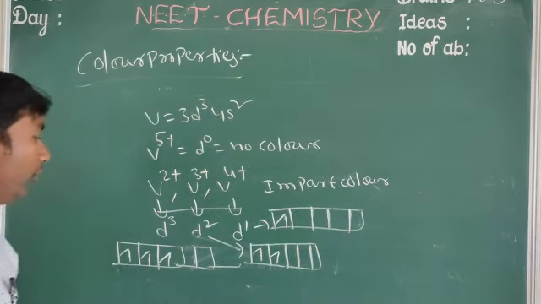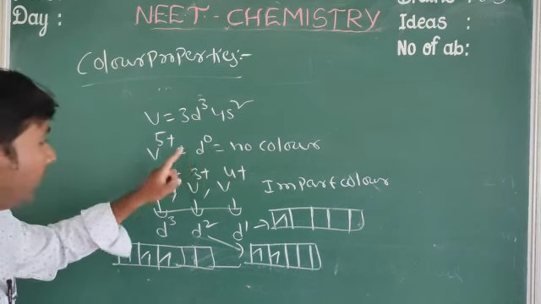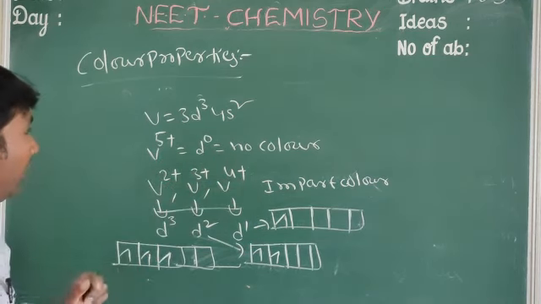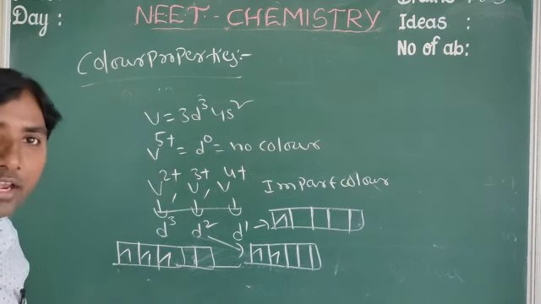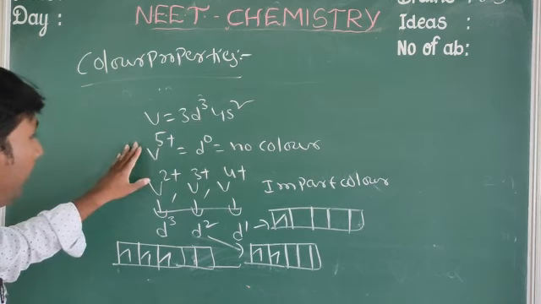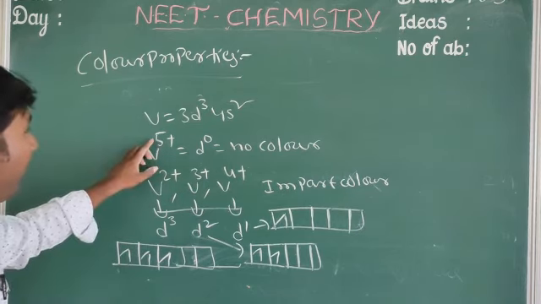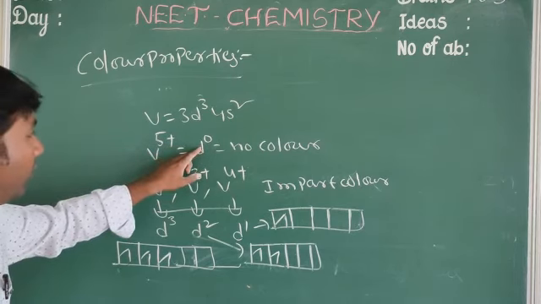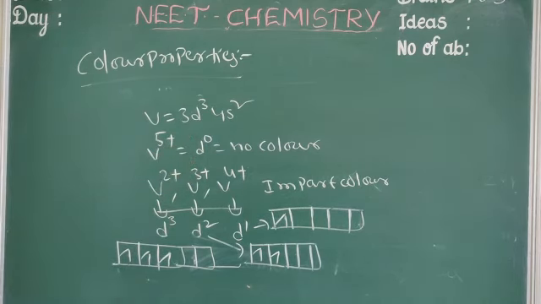So due to unpaired electrons, V2+, V3+ and V4+ impart color. But V5+ means all d electrons are eliminated, the d subshell is empty. That's why V5+ equals d0. D0 does not impart color.